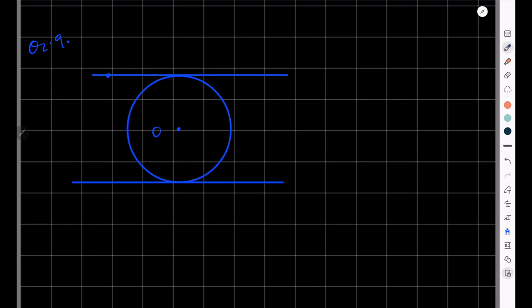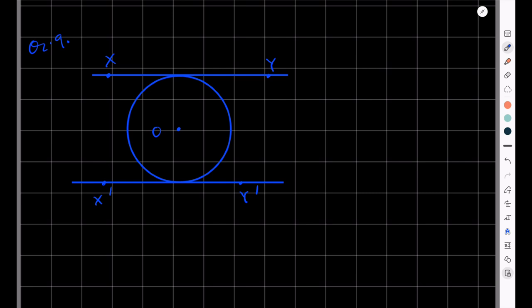The center is O, and this is XY tangent, and this is X dash Y dash line, which is a tangent, and center is O. And then it says another tangent AB with point of contact C intersecting XY and X dash Y dash.